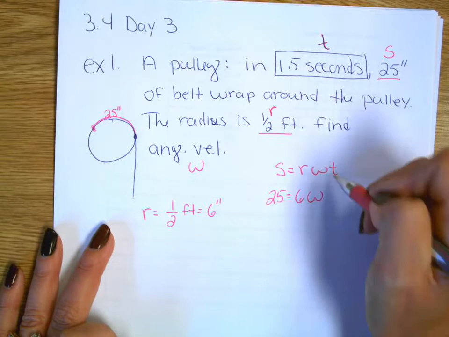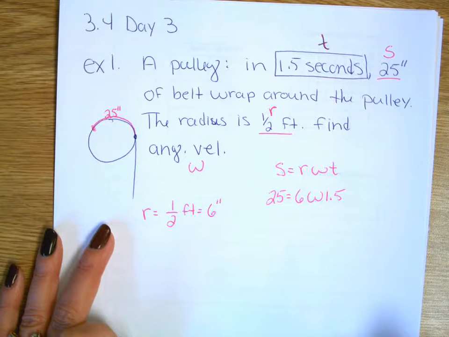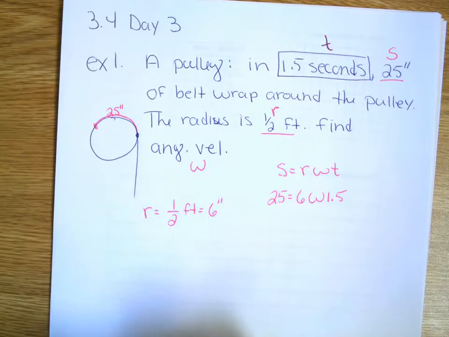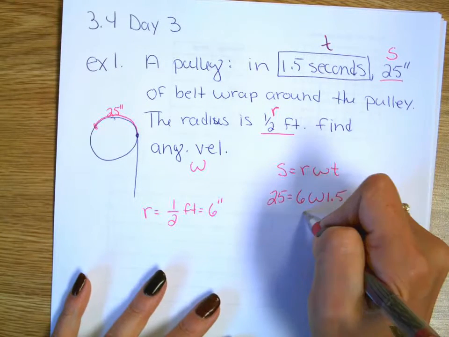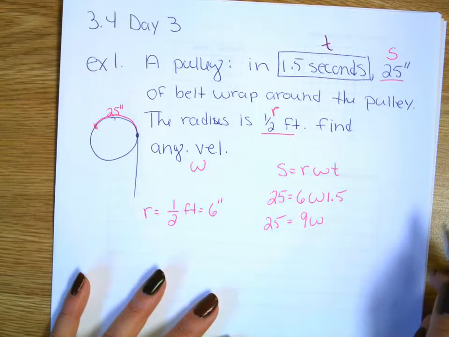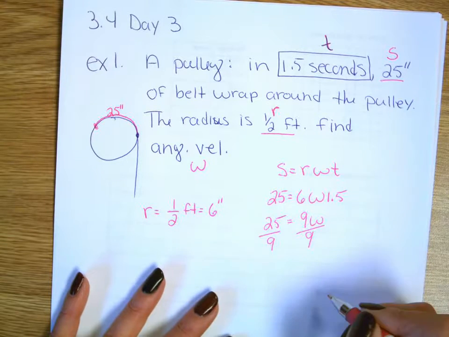W is W. Time was 1.5. And then a point for your algebra. 6 times 1.5? 9. Divide by the 9. And 1 point for labels at the end of the story problem.